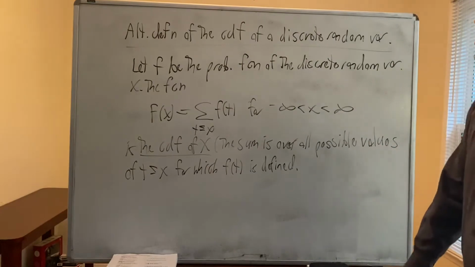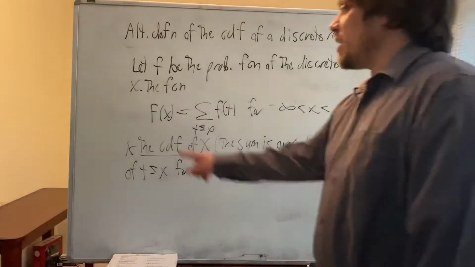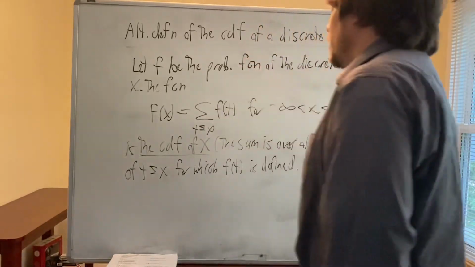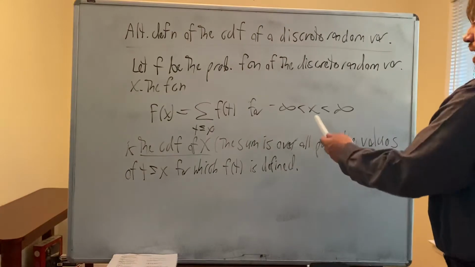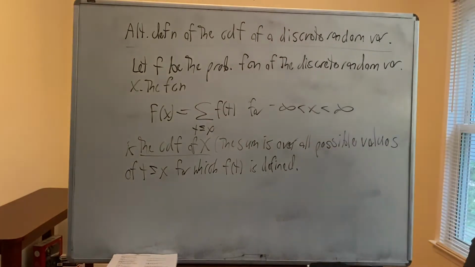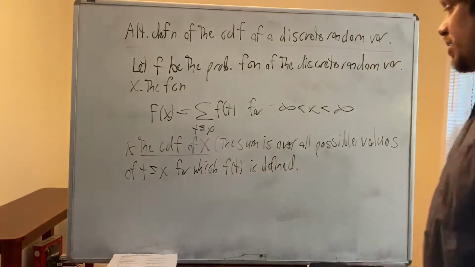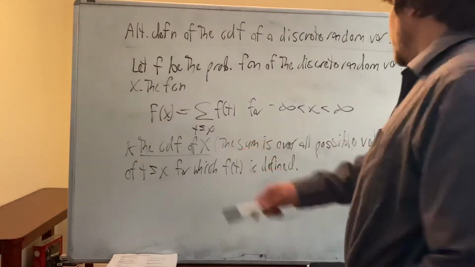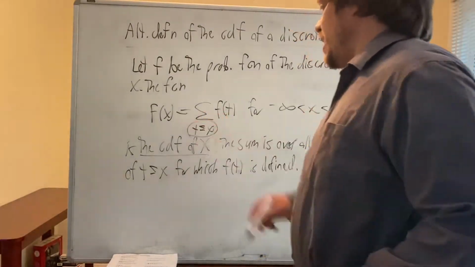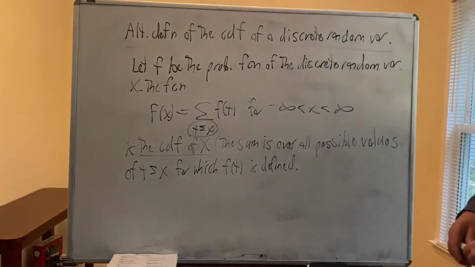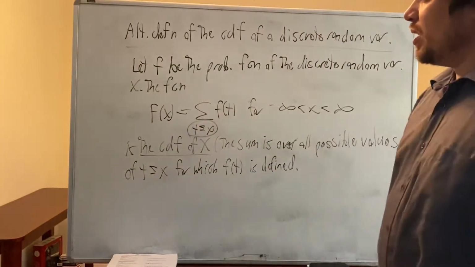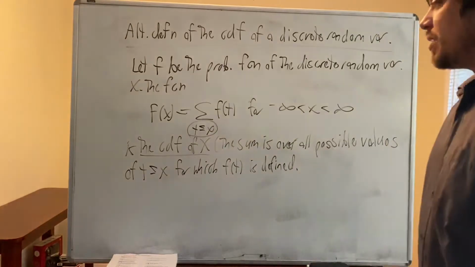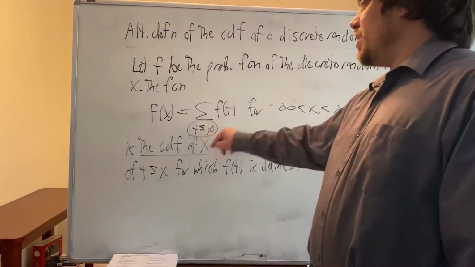Let little f be the probability function of the discrete random variable capital X. The function capital F of x, which is equal to the sum of f of t over t less than or equal to x for any real number x, is the CDF of X. The sum is over all possible values of t less than or equal to x for which f of t is defined. So we're adding up the values of f of t where t is at most x and where t is in the domain of f.